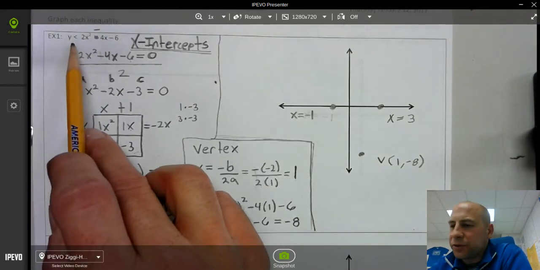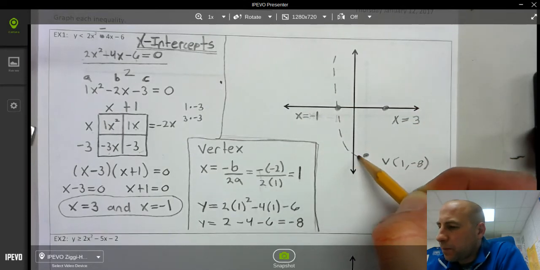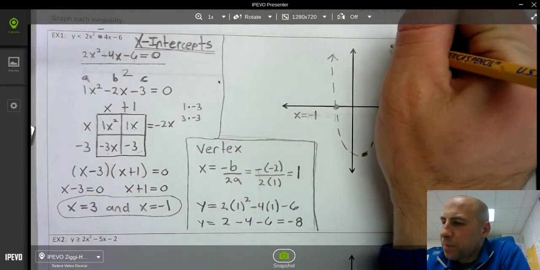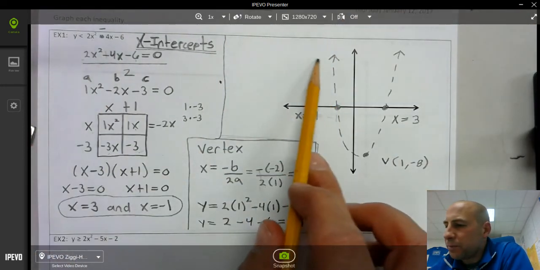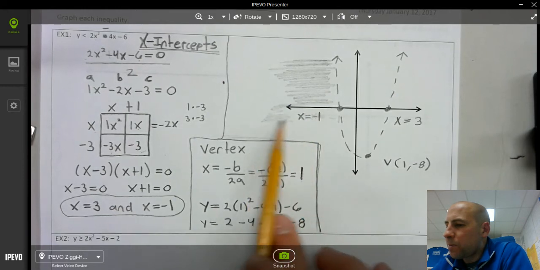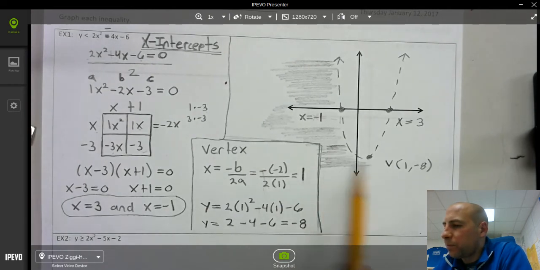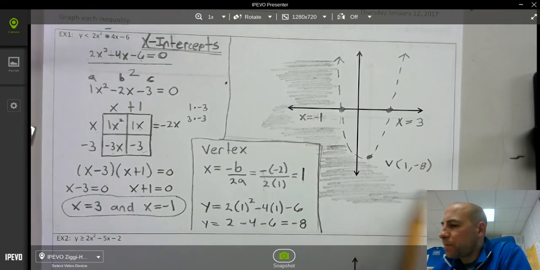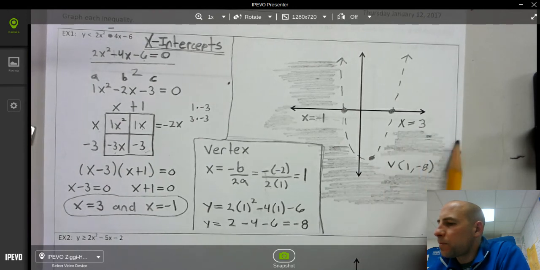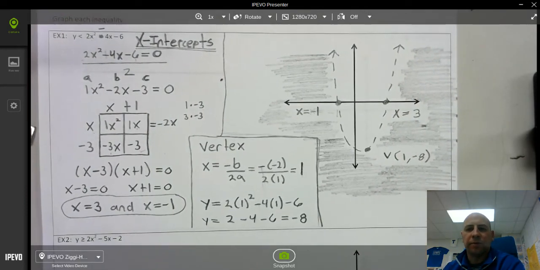Now, this is less than, so it's a dashed line, so a dashed parabola, and since it's less than, we know we shade below. All right, and there you go.